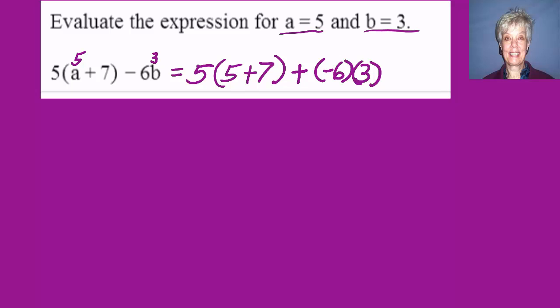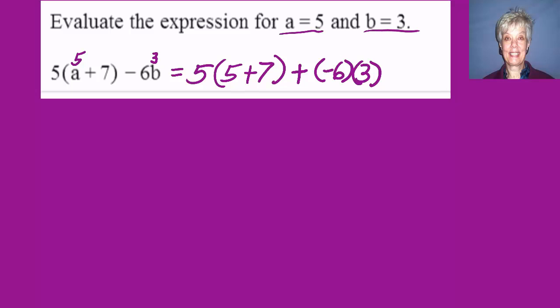I did that because when you subtract a positive number, it's the same thing as adding a negative number. And this is the way you have to start thinking. Okay, you'll find out why. Just bear with me now.